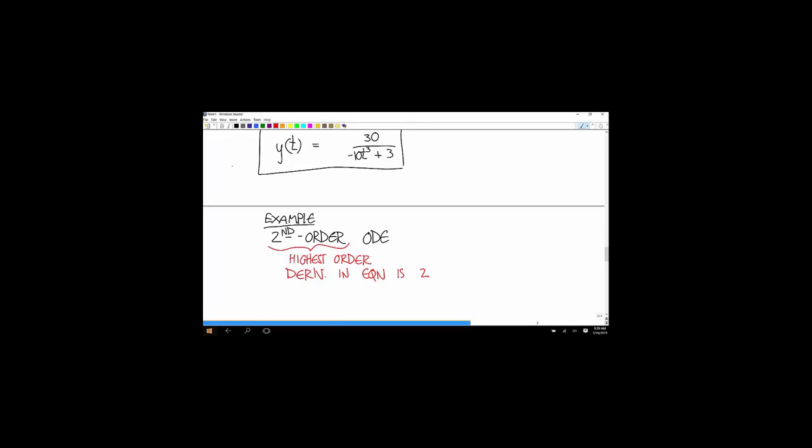That means that the first example we did was a first order ordinary differential equation.